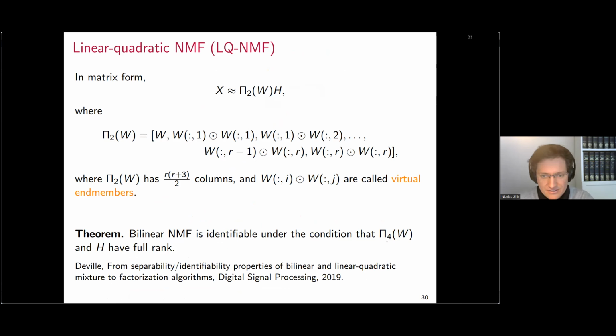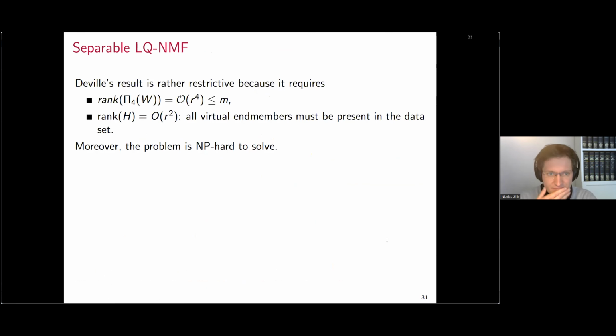So it's stronger than for NMF. Of course, the model is more complicated. But although we have this nice result, the assumption is quite strong. For example, the requirement that the matrix H has full rank means that all the componentwise products of two materials need to be observed.